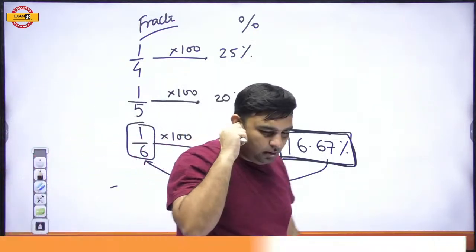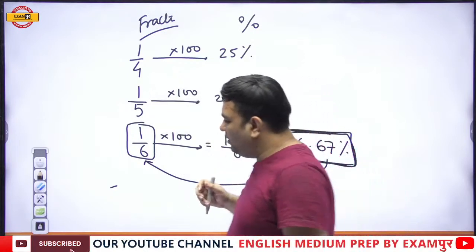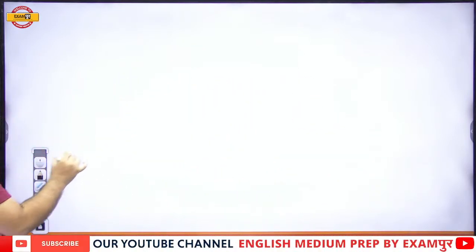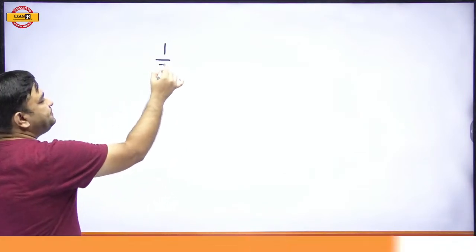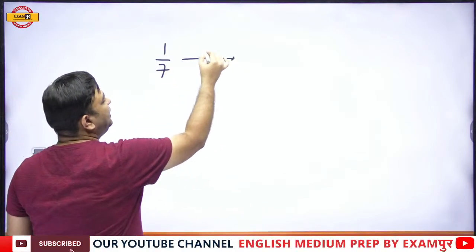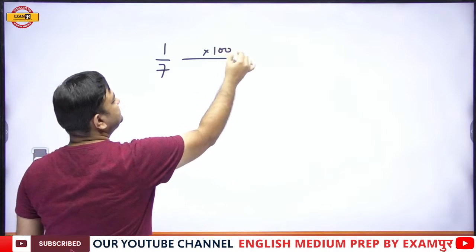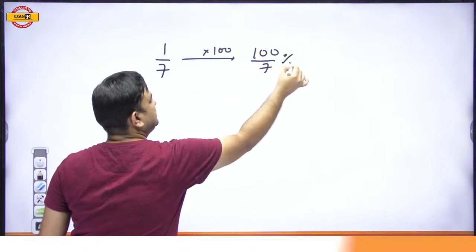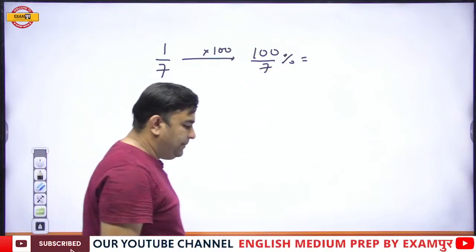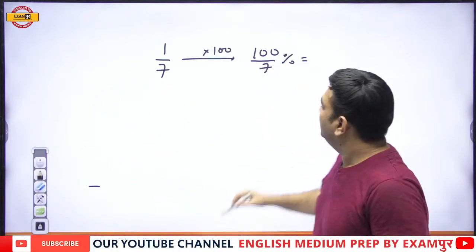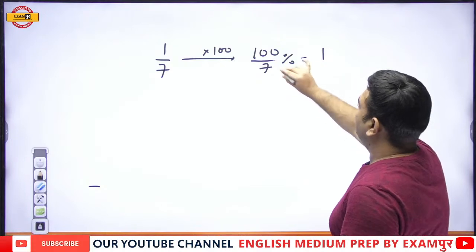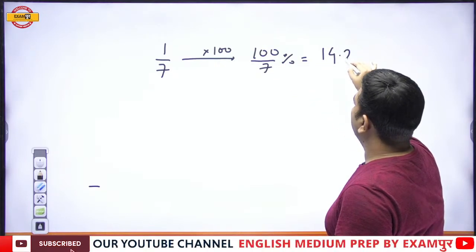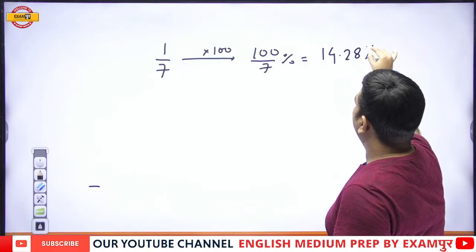Okay. 1 by 7. Convert into percentage. 100 by 7%. Simplify it. 7 1 ja 7, 30, 7 4 ja 28, 2 7 2 ja 14. 14.28%.